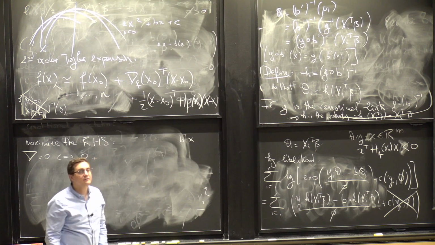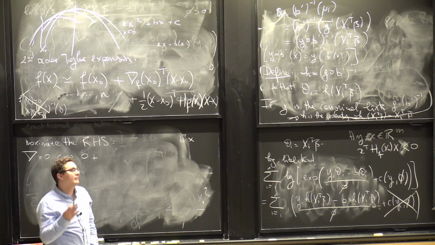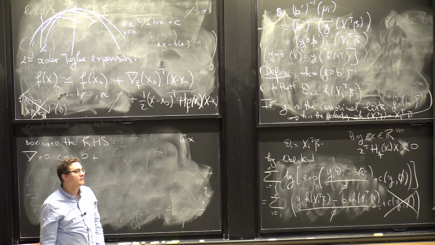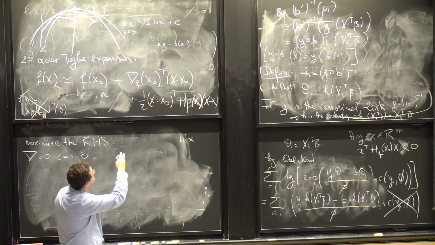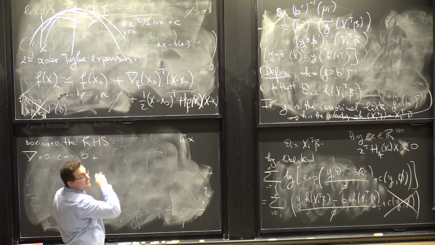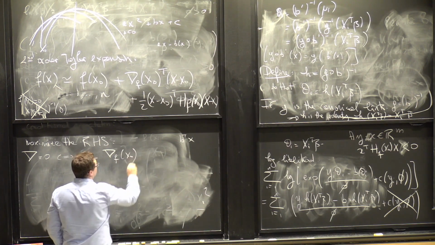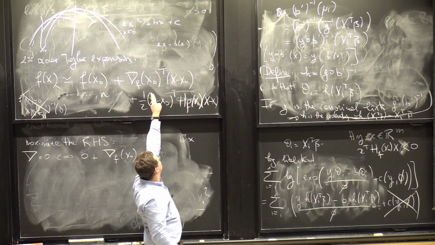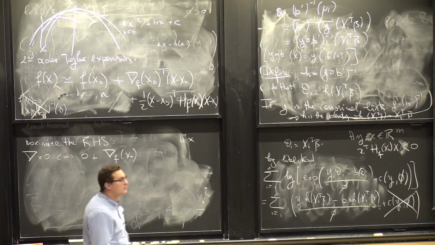What is the gradient of this thing? I'm writing everything in column form, so it's just b. So here, what is b? It's the gradient of f at x0. And this term, gradient of f at x0 transpose x0, is just a constant, so this is going away as well.